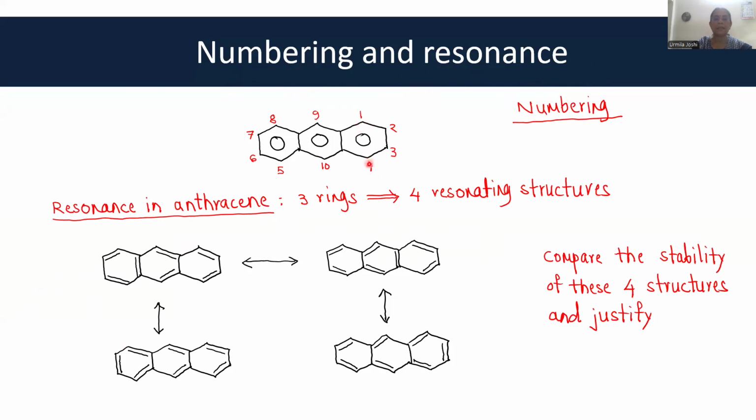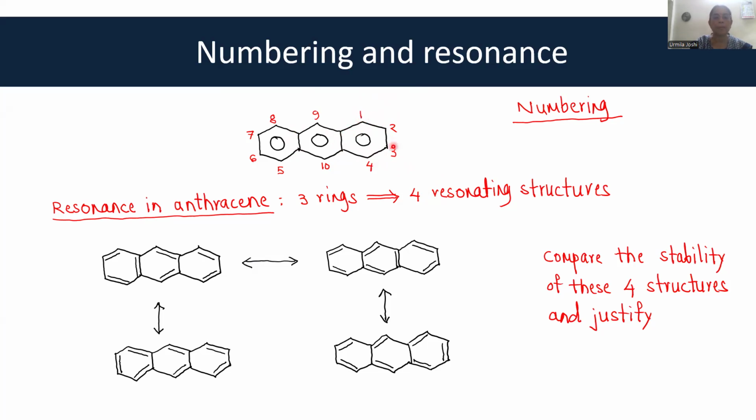As we discussed earlier, the right-hand side topmost carbon gets carbon number 1 when there is no substituent present. And that is what has happened over here. 1, 2, 3, 4. We don't number the junction carbons, and so these carbons are left aside.